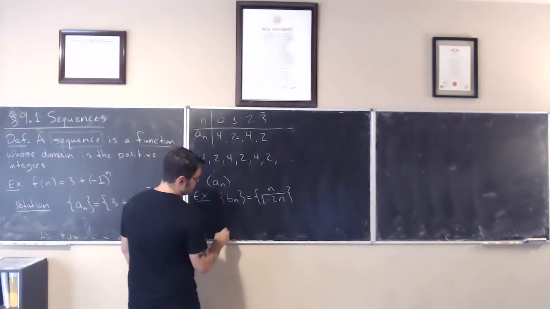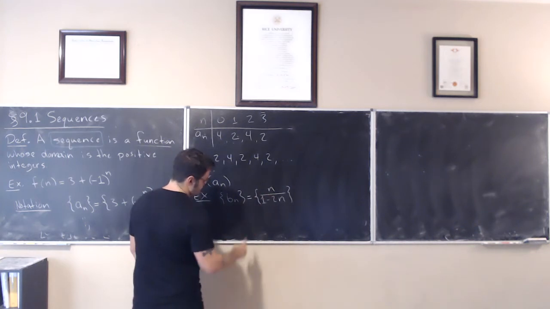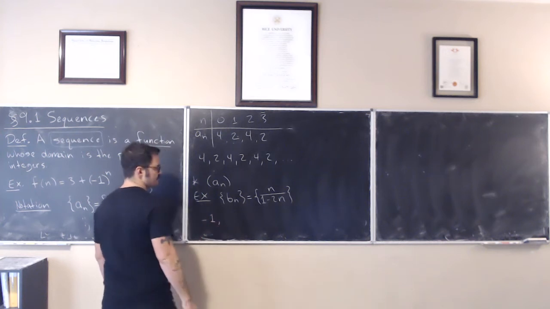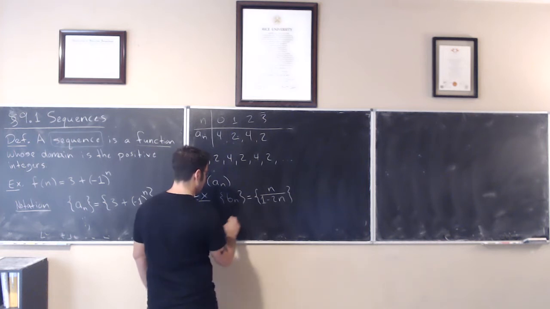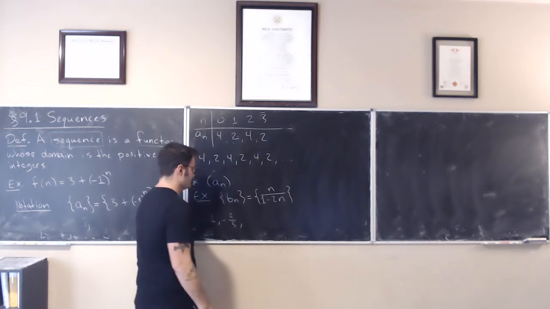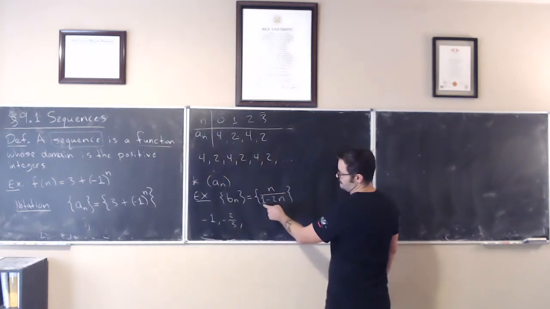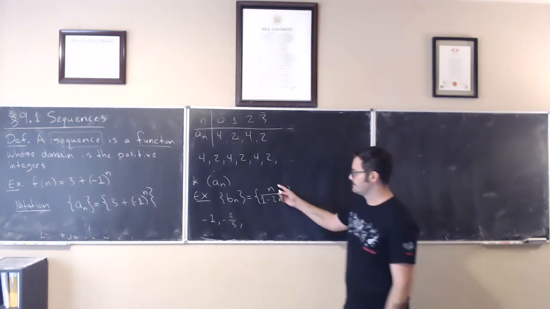So when n is 1, what do we have? 1 over minus 1. When n is 2, we get 2 over minus 3, negative 2/3.